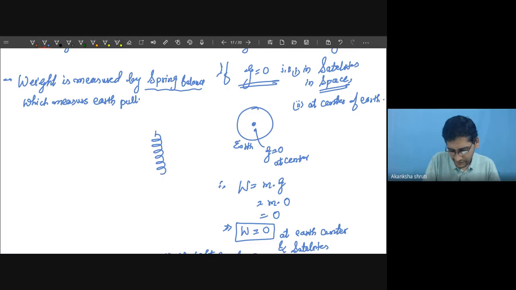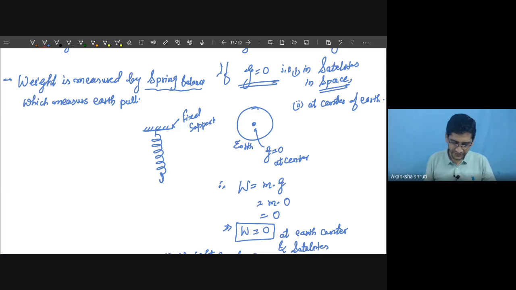Now this end is connected with a hook. Now fix the other end over a ceiling, means it is the fixed support. So this is the normal condition.